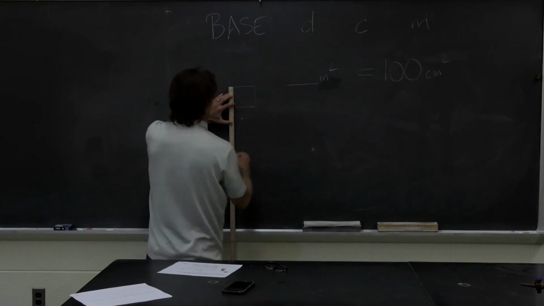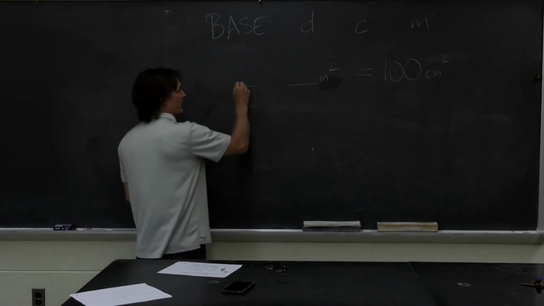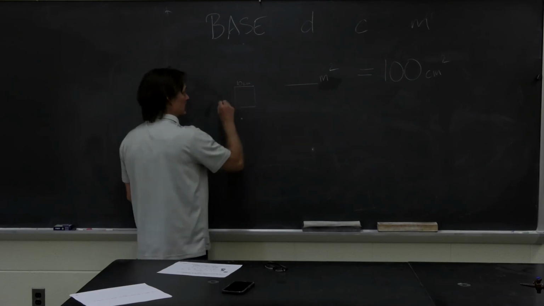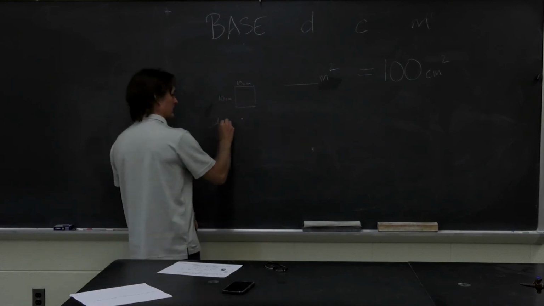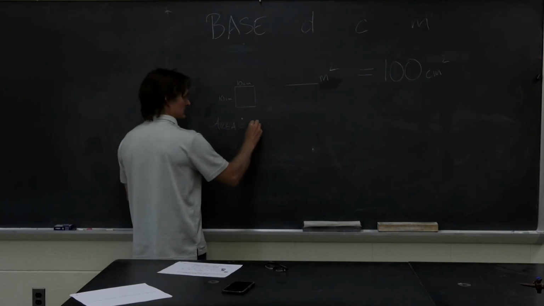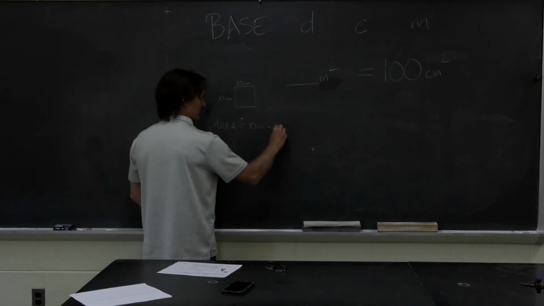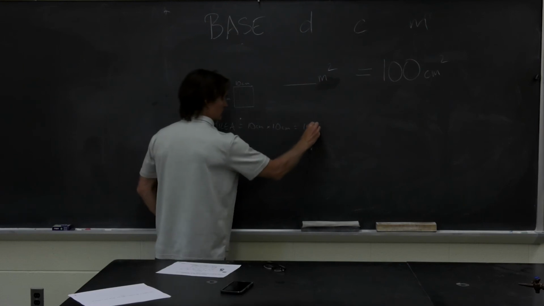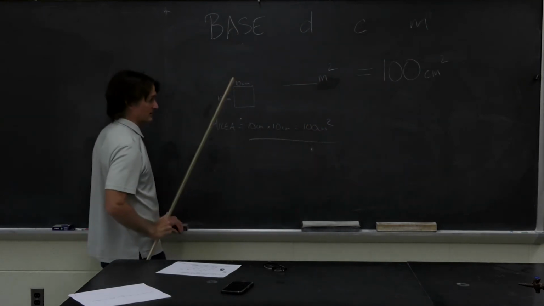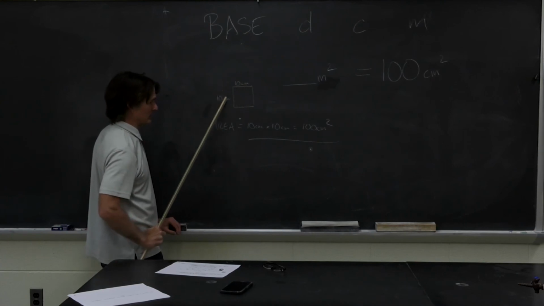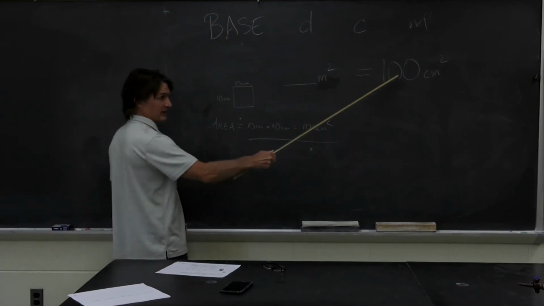So I've just drawn a square that's 10 centimeters on this side and 10 centimeters on this side. Now watch. The area of this is 10 centimeters times 10 centimeters. That's 100 centimeters squared, correct?